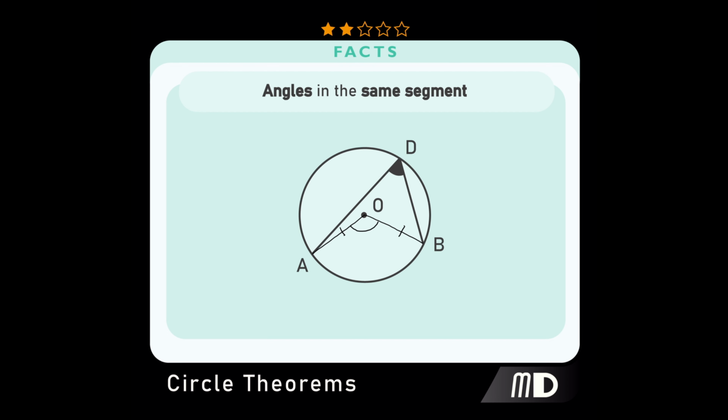Let's label this angle with the letter X. Let's also label the angle subtended at D, ADB, with the letter D. The angle at the centre, X, is twice the size of the angle D, which we can write as X equal to 2D.